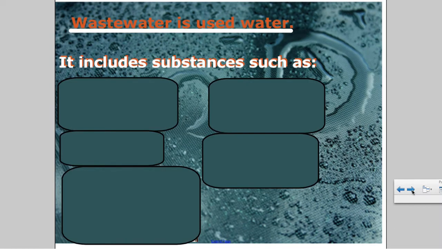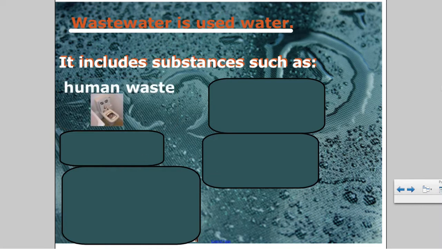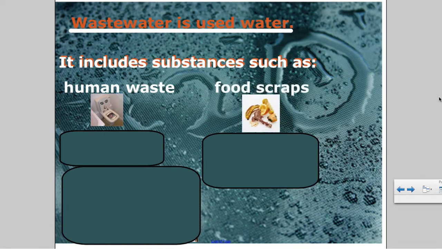So now looking back at your notes. Wastewater again is used water, and it includes substances such as, and we're going to go through these substances, and you have your blanks that you're filling in. So wastewater includes human waste, feces and urine. It also includes food scraps.